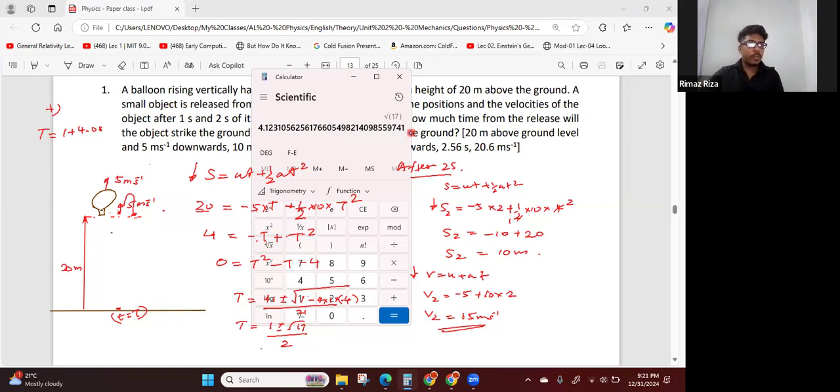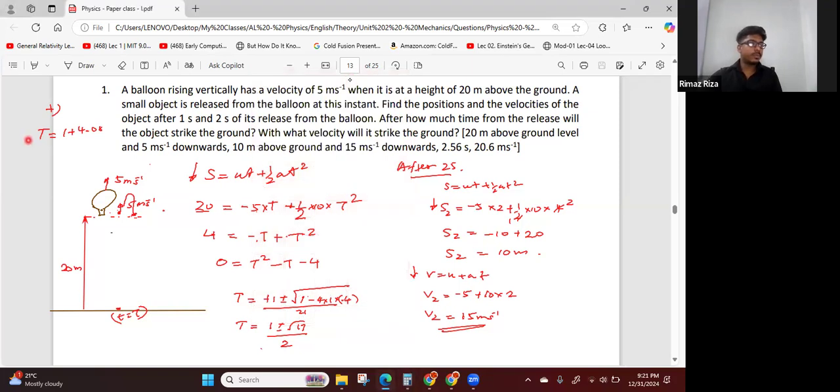So, sorry, 4.12. Okay. So it'll take roughly 4.1. Not bad, my guessing is. So 4.1 over 2. So t equals 5.1 divided by 2.